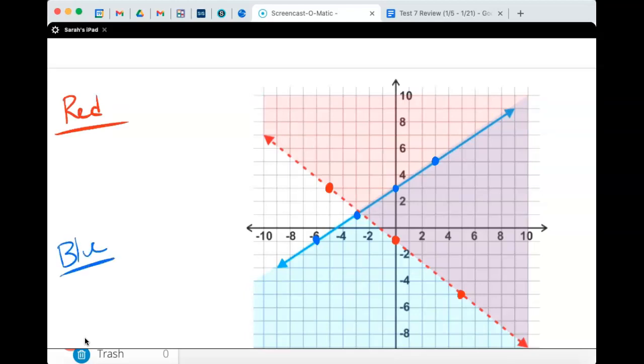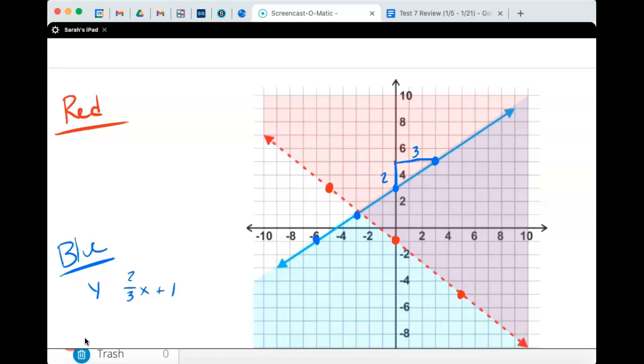Some people got the slopes wrong, and I'm assuming it's because it's hard to see. For the blue line, we're rising 2 from that point and then running 3. These are both positive directions, so the slope of the blue line should be 2/3. All of us have the y-intercepts, right? So it's 2/3 x plus 1, and then whatever symbol is in between.